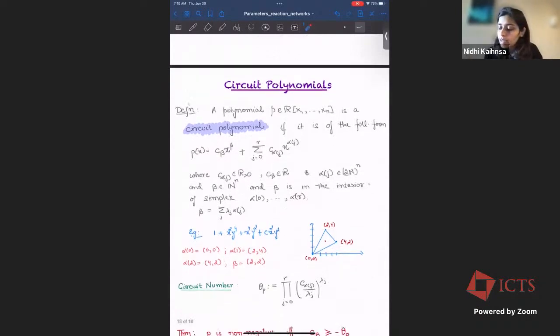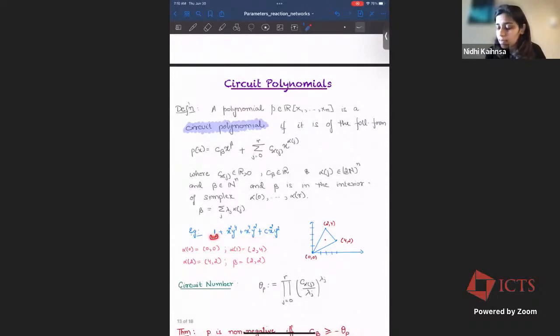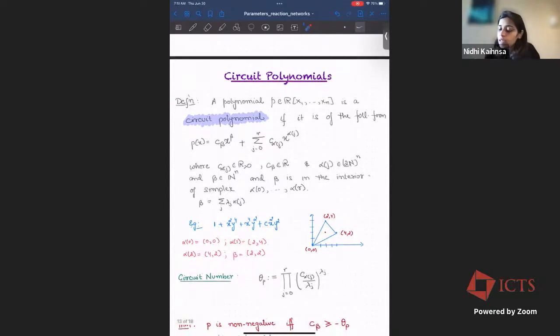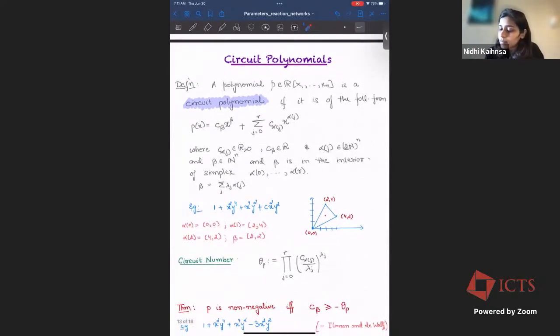Now, in the case that we saw before, exactly the same polynomial is a circuit polynomial, because the support of the monomials defines a 2-dimensional simplex, which is this triangle, and their coefficients are positive. Inside there's a point x square y square whose coefficient can be anything for now. Here alpha 0, alpha 1, and alpha 2 are exactly these 3 points.